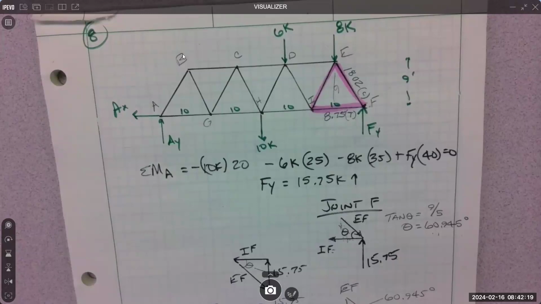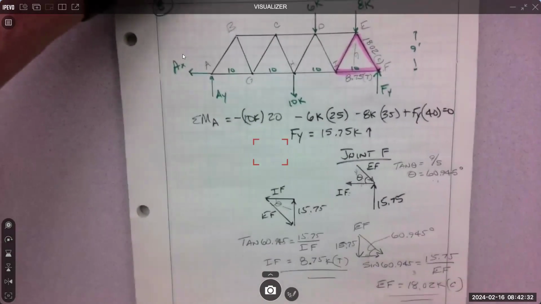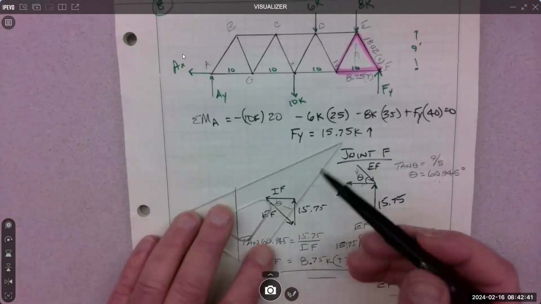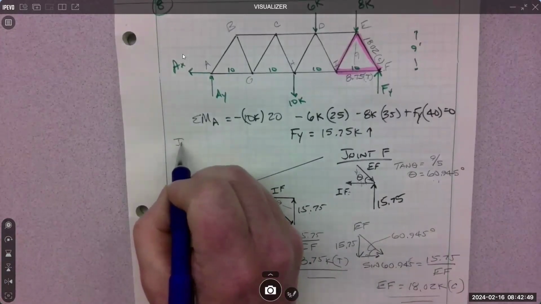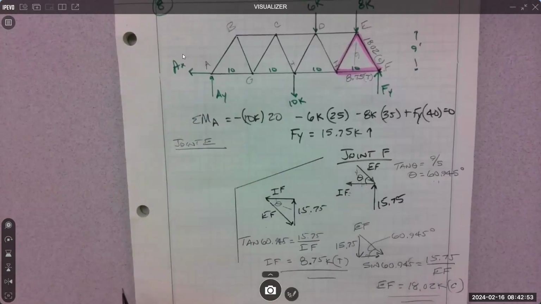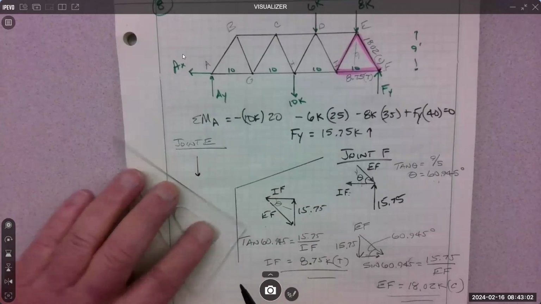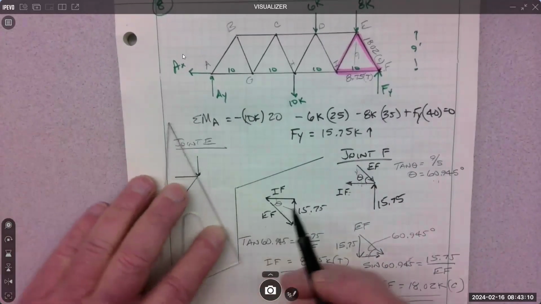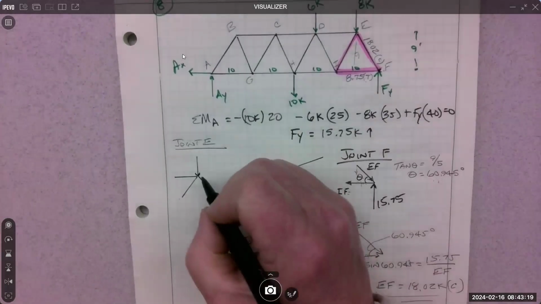So up to E we go. 1802 is in compression, so it points in.